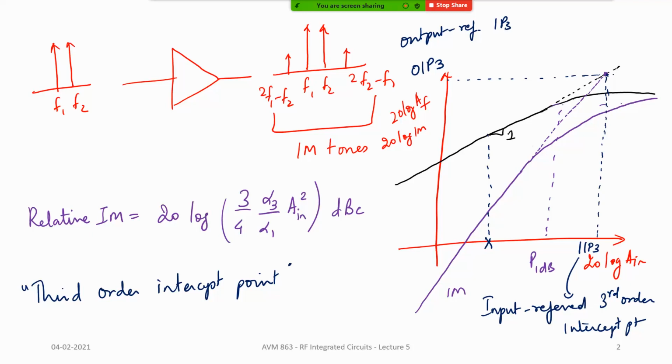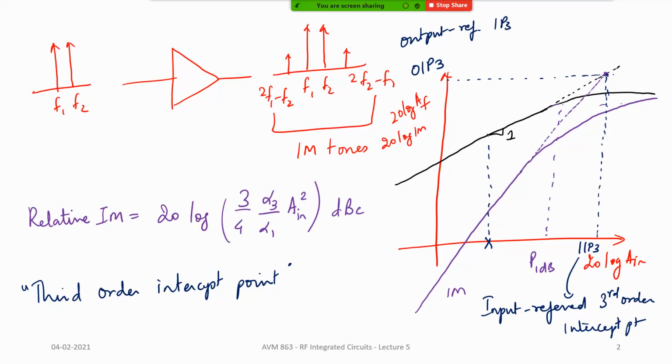Obviously, by looking at the graph that I have drawn, this IP3 point can never be reached practically, right? Even if you overdrive your amplifier as much as you want, the output amplitude will not reach the OIP3 level, or for that matter even the IM3 points, because before that itself it will saturate.